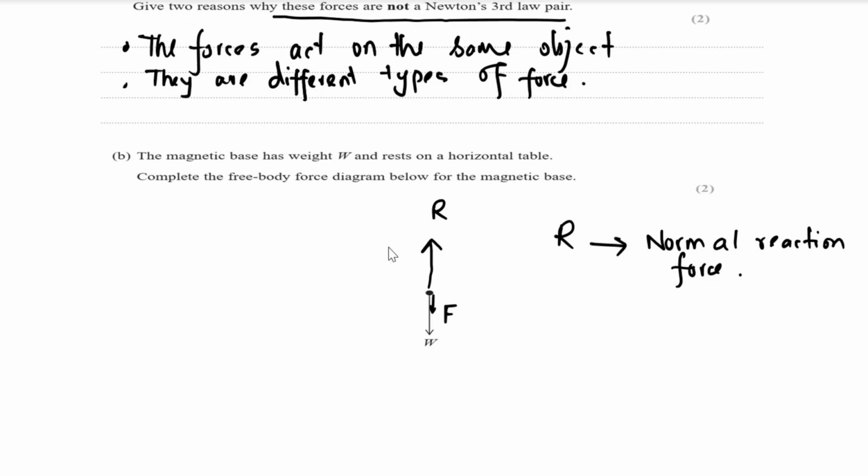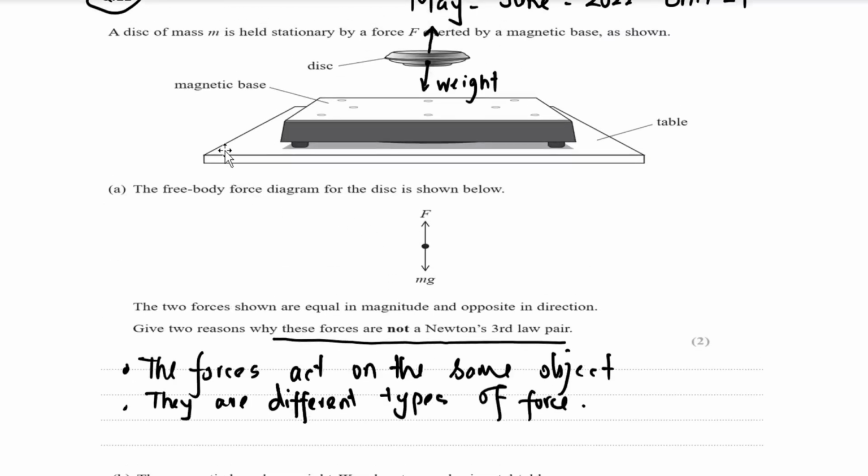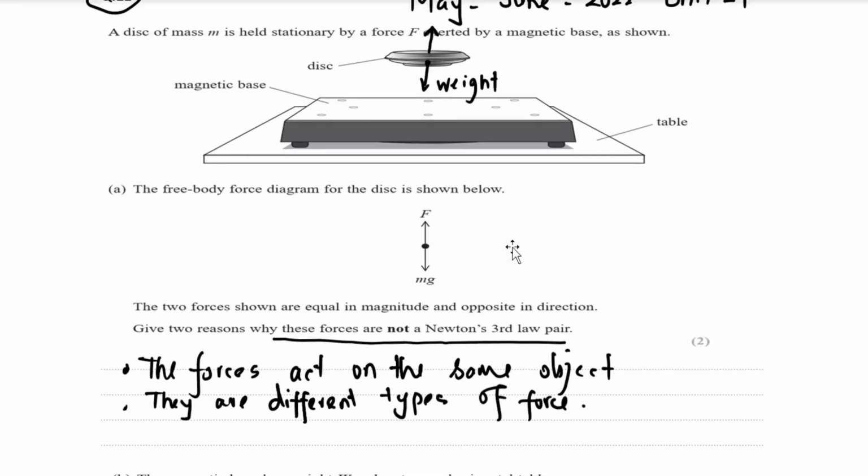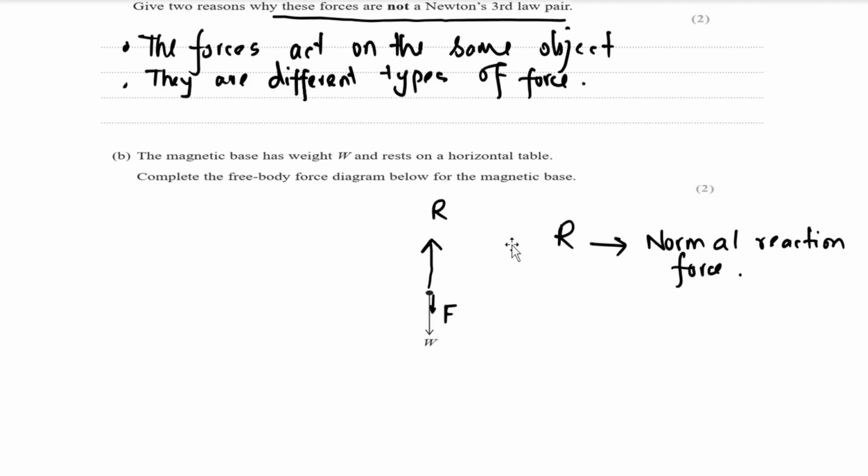When any object is placed on a surface, the surface will give an upward force exactly equal to the weight of the object, known as the normal reaction force. So when this magnetic base is placed on the table, the surface gives an upward force to the magnetic base. So the magnetic base experiences a normal reaction force R.